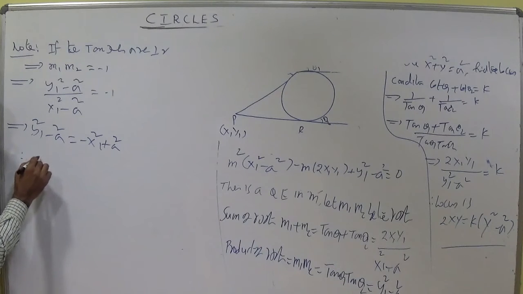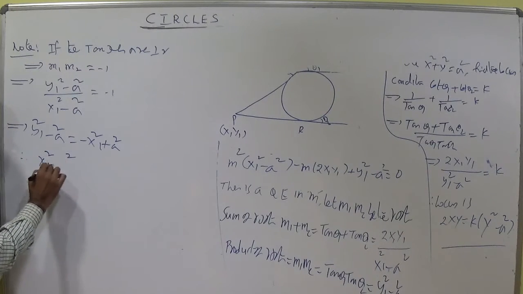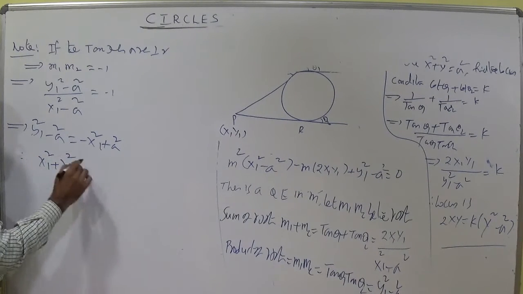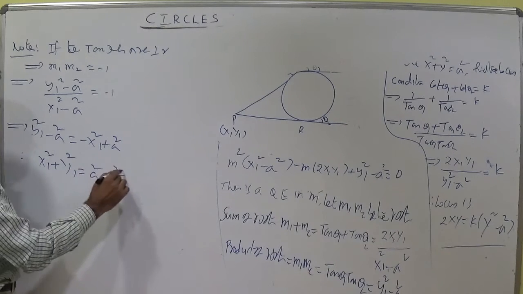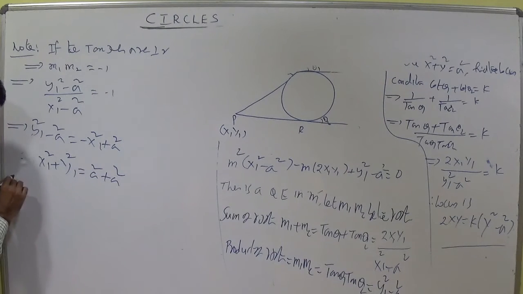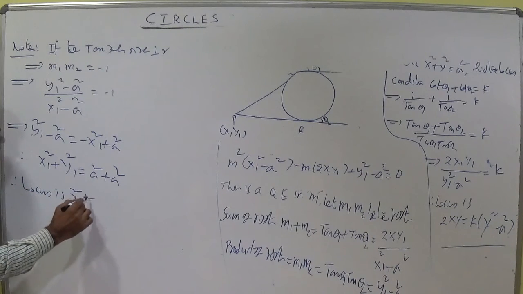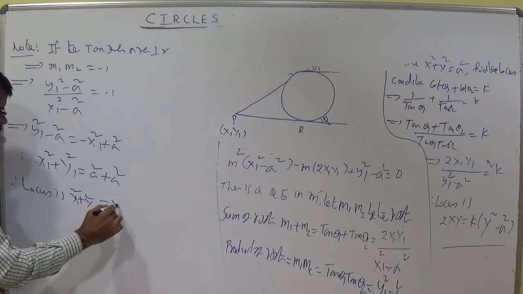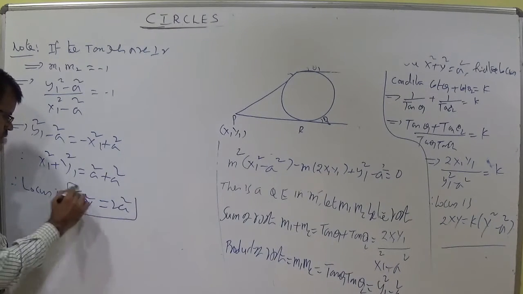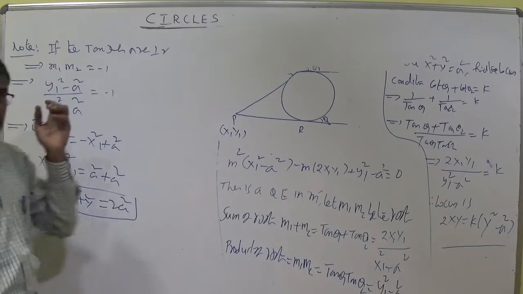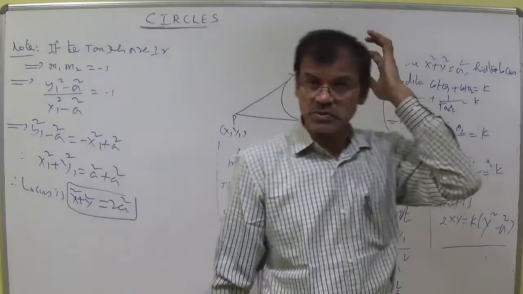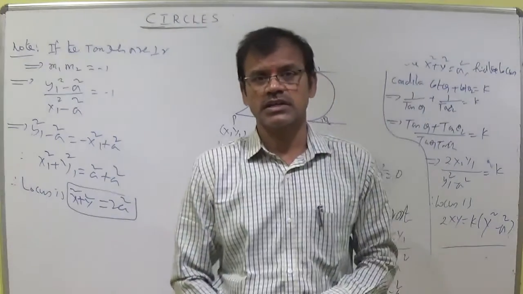Therefore, minus x1 square taken this side, it becomes x1 square plus y1 square is equal to a square plus a square. Therefore, the locus I am writing: locus is x square plus y square is equal to 2a square. It is called as a director circle.